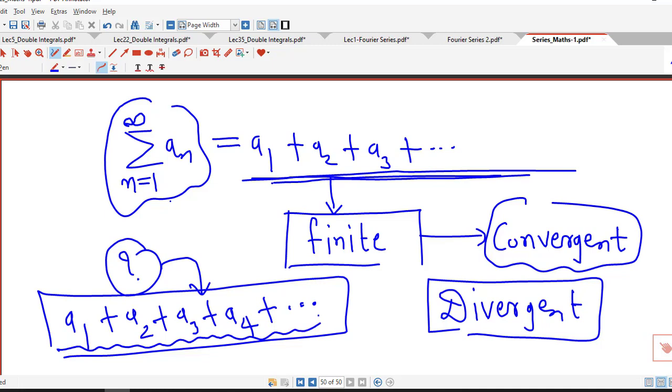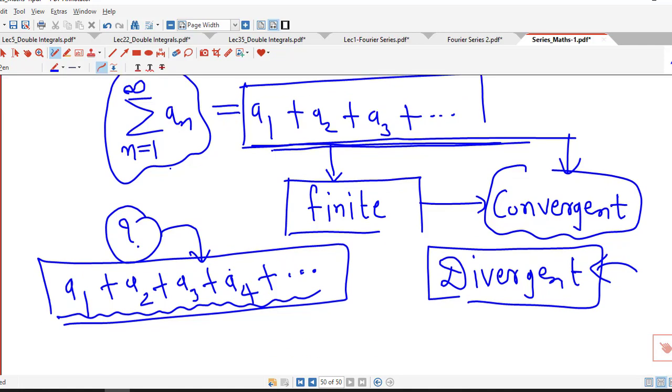We will focus on this problem throughout this chapter. That is, we will try to check whether the series is convergent or divergent. There are different results to decide this, and we will discuss them one by one.